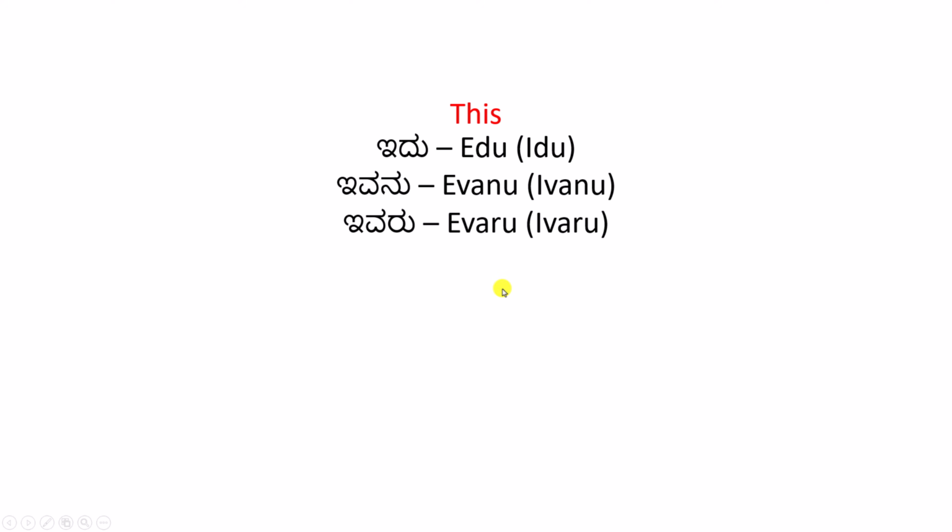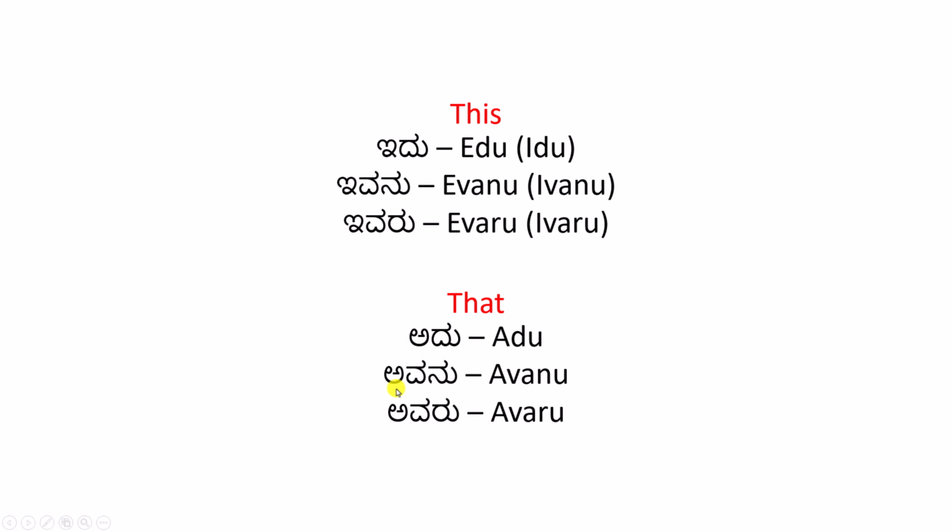Alright? That is adu. Adu in Kannada. But if we are referring to a person, we can use avanu or avaru for that. Alright? Let me give you some examples.